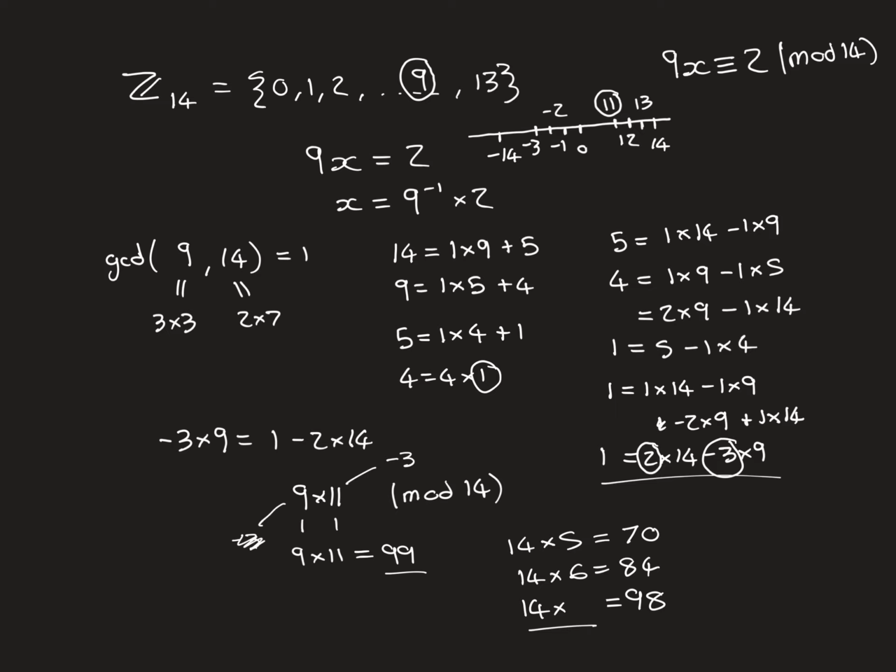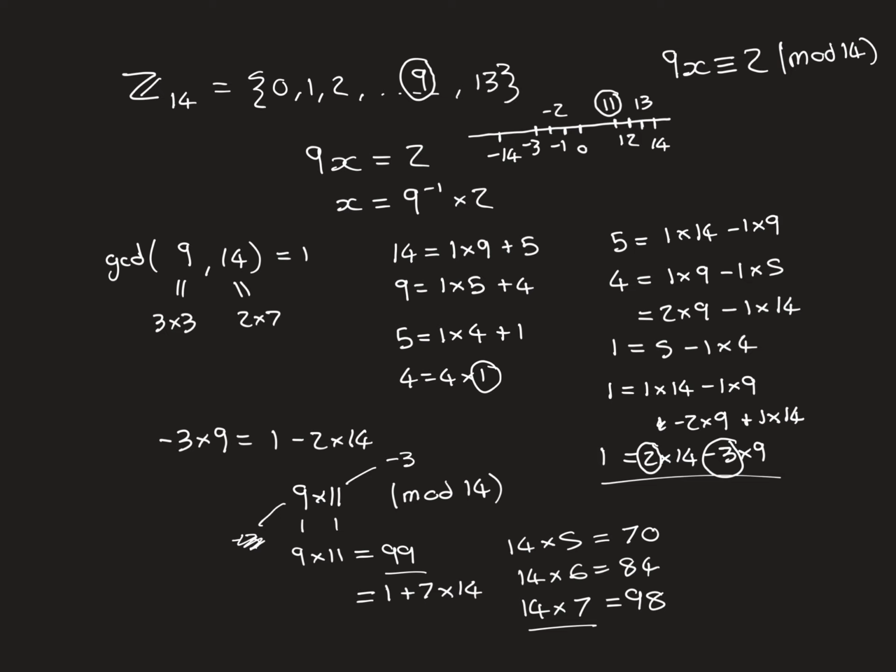Let me cross that out. 14 times 7 is equal to 98. So adding 1 onto that, you get 99. So this is actually equal to 1 plus 7 times 14. So indeed, 9 times 11 gives us something that is in the congruence class of 1, modulo 14.